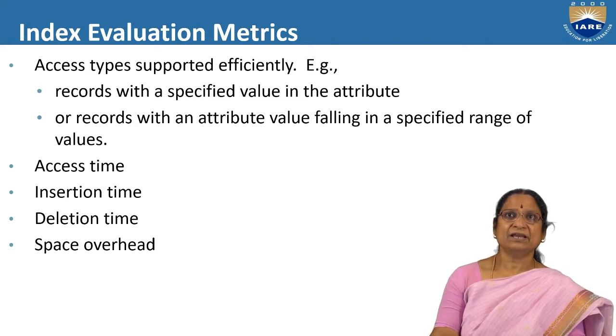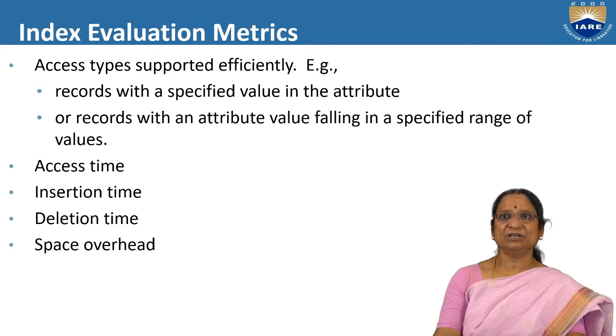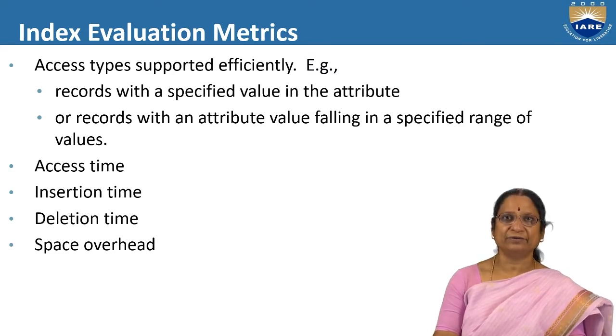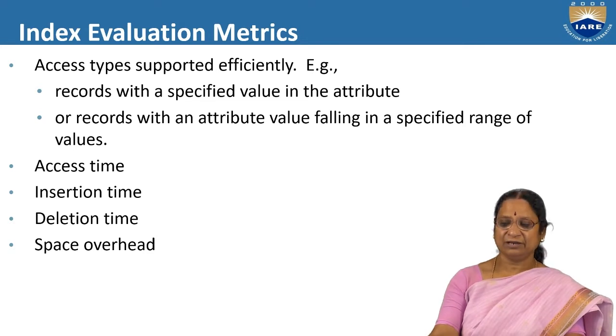So whenever we are evaluating an indexing structure, we consider access type, access time, how much time it will take to insert a record, how much time it will take to delete a record, and management of the free space, that is, space overhead. These are the parameters to be considered to decide which indexing organization is best suited to represent our data.